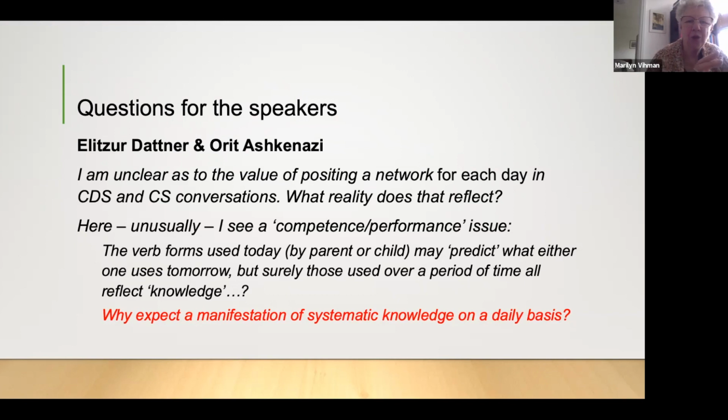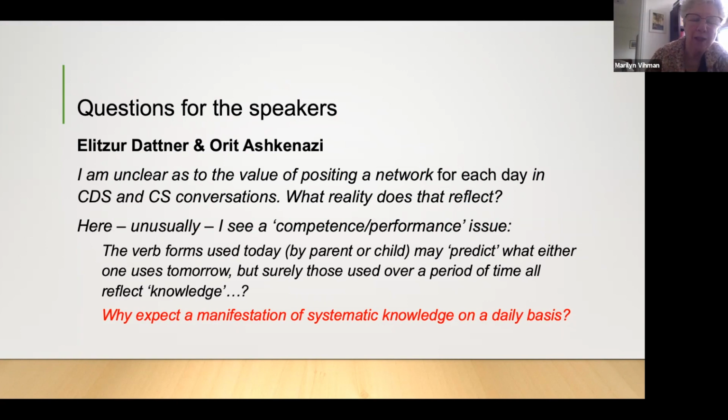But I'm not quite sure why they would want to do that, because I usually don't like to emphasize competence performance differences, because I think performance is constantly creating new competence. That's a usage-based approach. But here, it looks as if we're focusing on the particular performance on a given day and gathering what the network is from that.